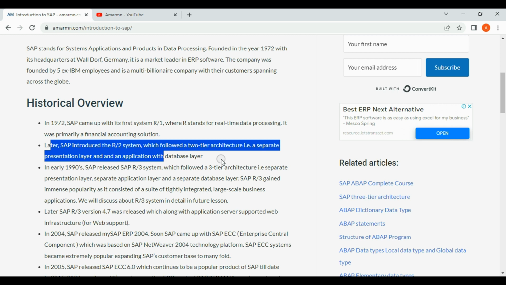Then, in the early 1990s, SAP came up with a three-tier architecture. The product that they released was SAP R3. Now, R3 became a very popular product among the majority of organizations, companies belonging to any vertical. So they started implementing ERP, that is SAP R3, in their organizations.